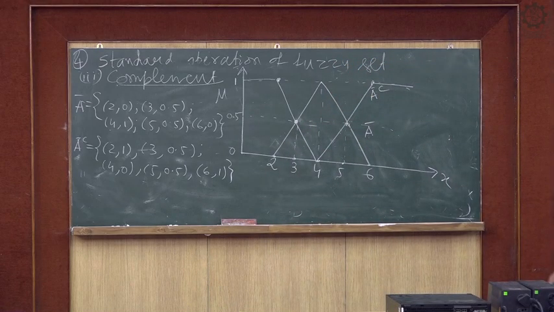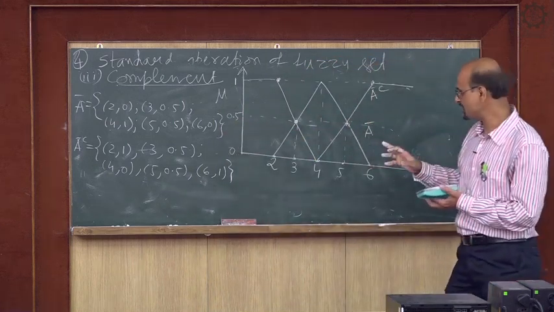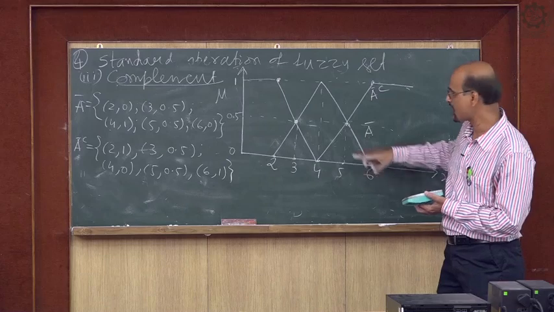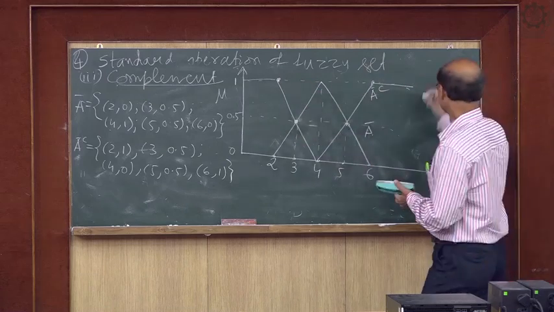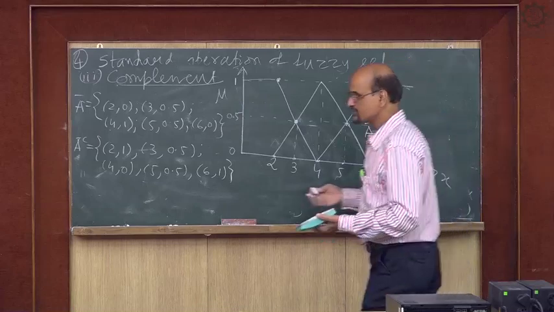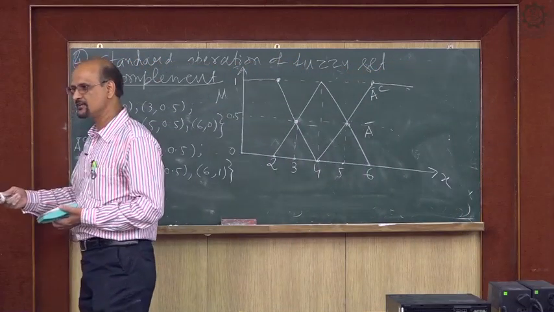Understanding? The difference is easy to see here, but geometrically, this was your fuzzy set A bar and its complement is like this. Now I want to find A bar intersection A bar complement.